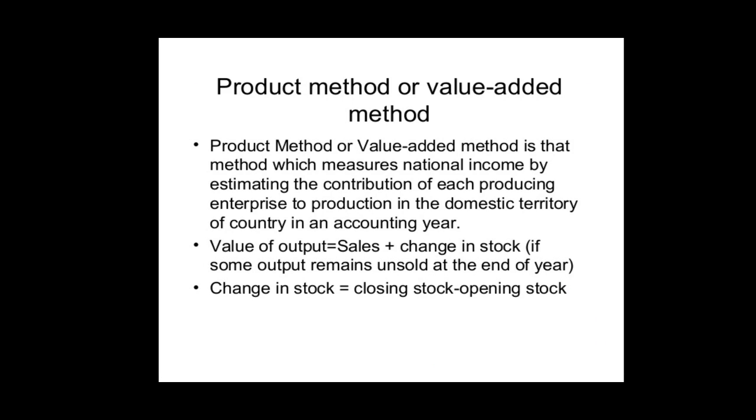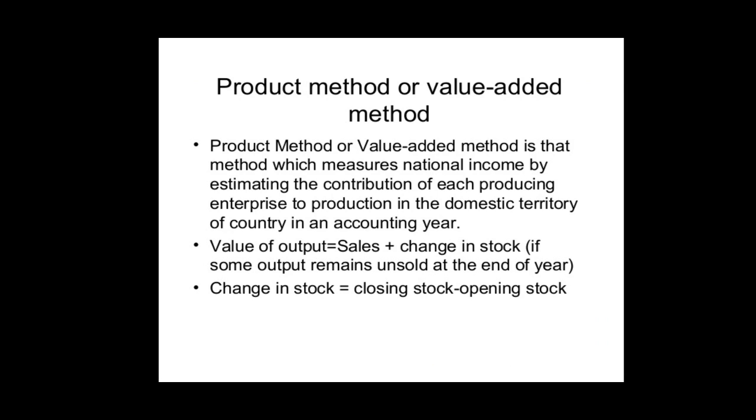Dear students, value added method is also called output method or product method of measuring national income. This method involves estimation of the market value of final goods and services produced in an economy in a given period.